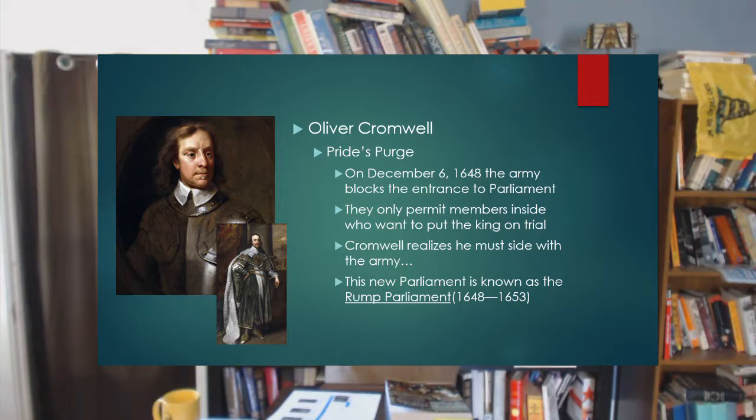It was fought to show that Parliament is supreme. Once the king is defeated, let's just let him live. He can acknowledge that we're supreme, meaning Parliament. Well, once Charles I tried to restart the Civil War, then a lot of people realized maybe we have to get rid of the king. And this new Parliament is called the Rump Parliament, the one that was purged so that only radical members exist.